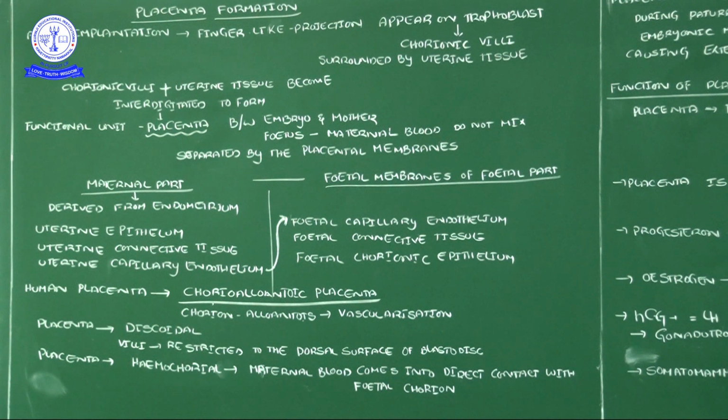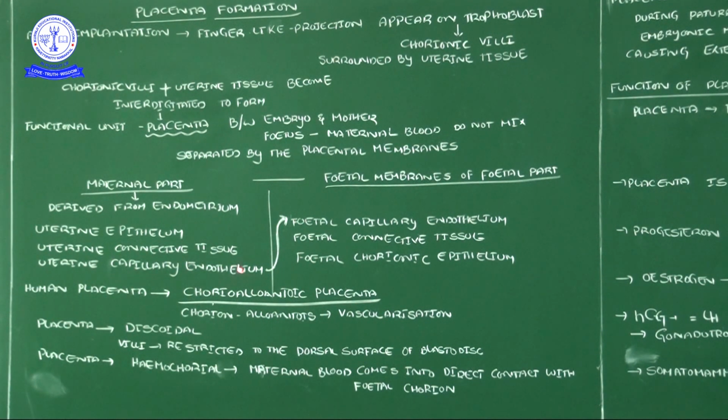That is over. Again, the human placenta we call a hemochorial placenta. Why hemochorial placenta? Here maternal blood comes into direct contact with the fetal chorion. Here, the extra embryonic membrane, which layer?